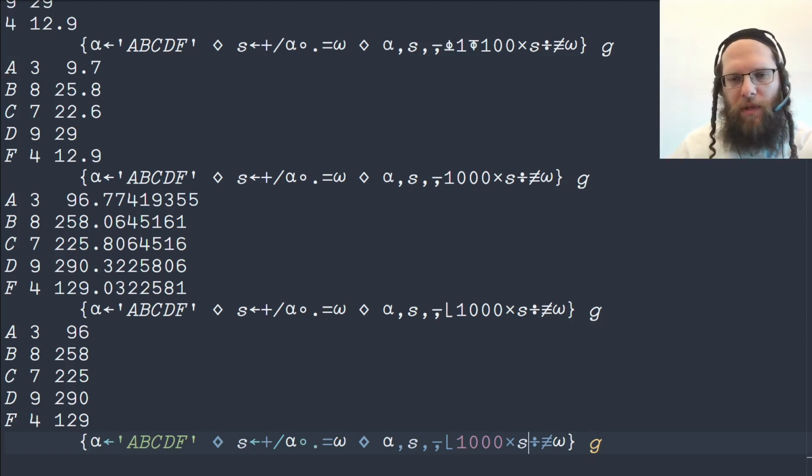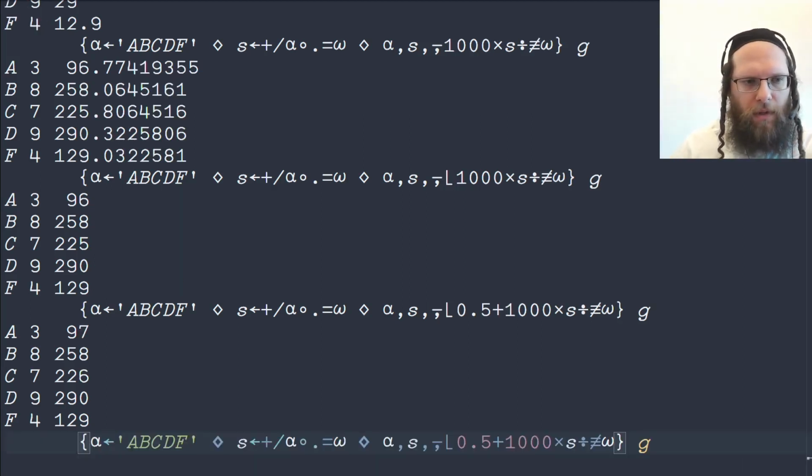It's floor. If we lift up all the numbers by a half, then anything that ends with 0.5 or higher will be lifted above the next higher number. And now we can see how 96.7 and 225.8 were rounded up, whereas everything else was rounded down. So this is the type of rounding that we want to do.